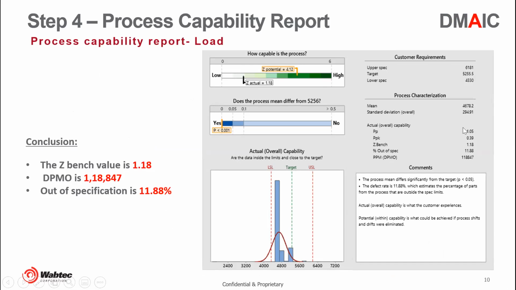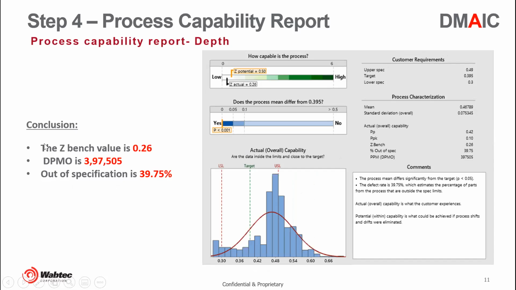You can see the Cpk values or Ppk values on the right side, which we took through Minitab. You can see the overall process capability in terms of the stats available in terms of figures. So this was for load, and we are in the analyze phase in this.